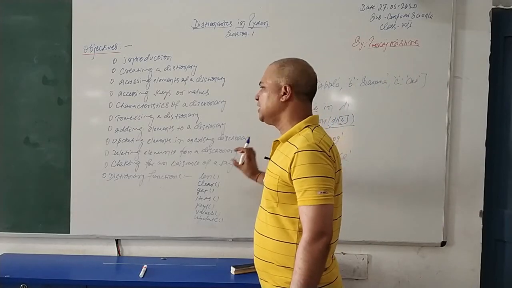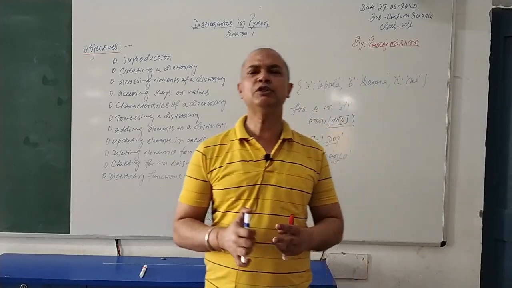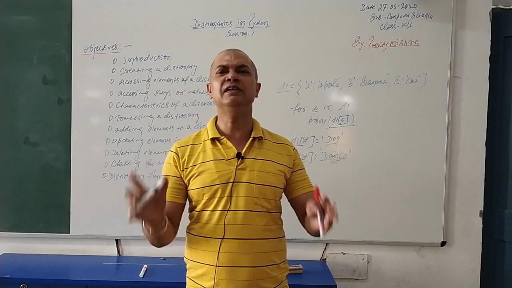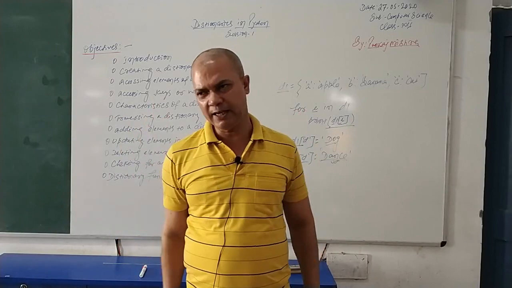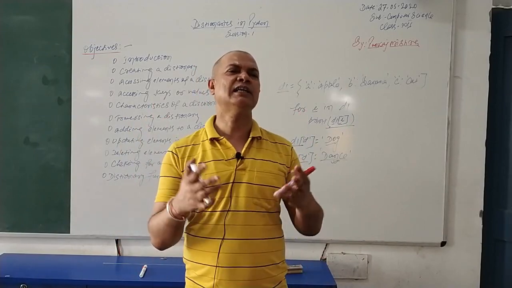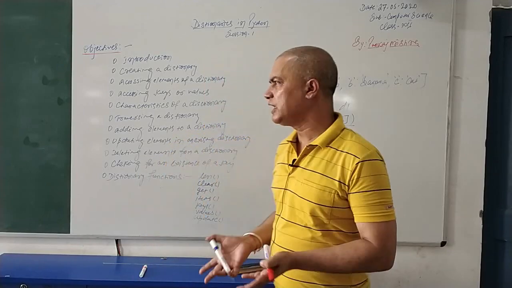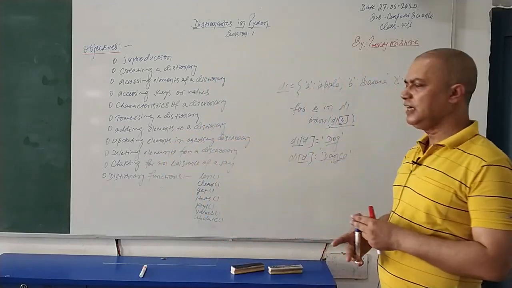Deleting an element from a dictionary is very easy. We have two different methods to delete an element from the dictionary. One is the del method and another is pop. Simply use del and the key, and it will delete the dictionary's key.